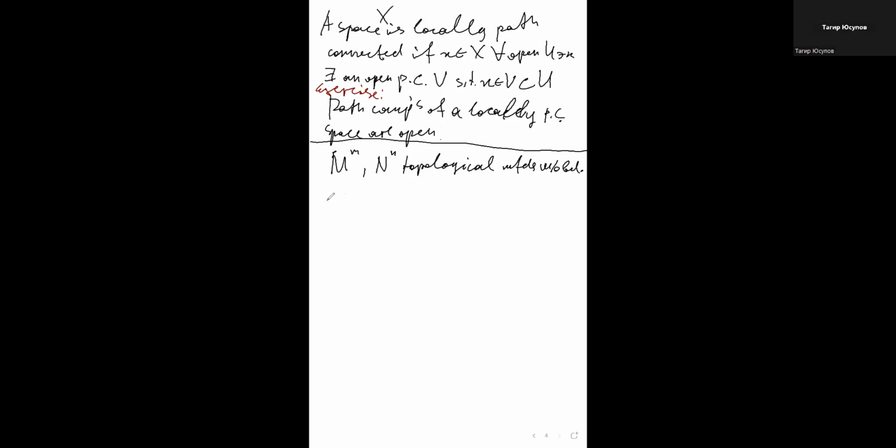Now, when is it possible to have continuous injective, surjective, or bijective maps from M to N? Maybe if M is less than N, we have an injection.